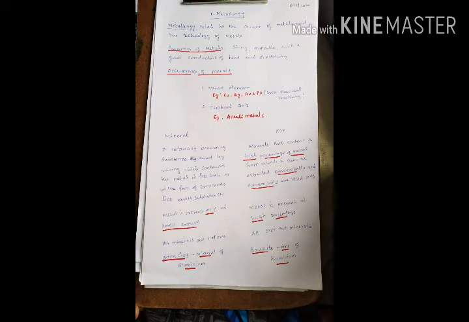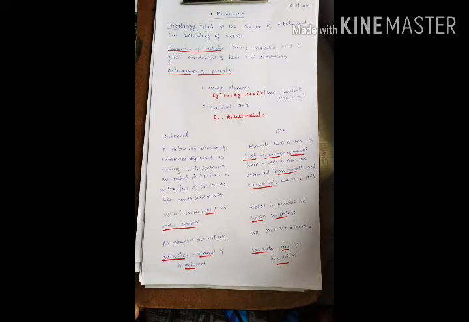Now we are going to study about minerals and ore. What are minerals? What are ores? A naturally occurring substance obtained by mining which contains the metal in free state or in the form of compounds like oxides, sulfides, etc. That is, the substance which we obtain by mining the earth or excavating the earth is called a mineral.